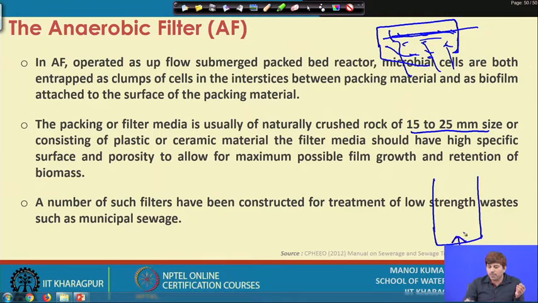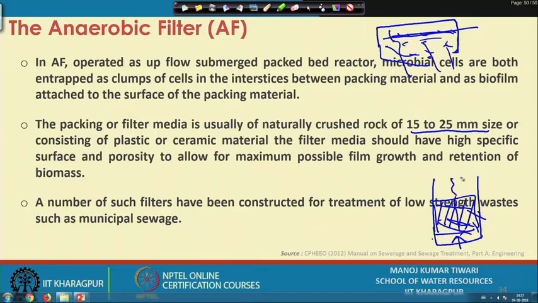So, we may have, let us say, a downflow filter where you provide the feed and it goes through the packing material. As the water passes through, the biofilm or biomass grown over the packing material will degrade and decompose the organic matter, and from the top we will get the effluent. In the upflow anaerobic sludge blanket USB reactor, the biomass was in suspension and retention was because of the hydraulic characteristics of the reactor, whereas here the biomass retention is because of its attached growth to the packing media.